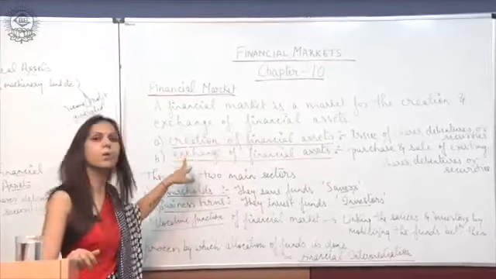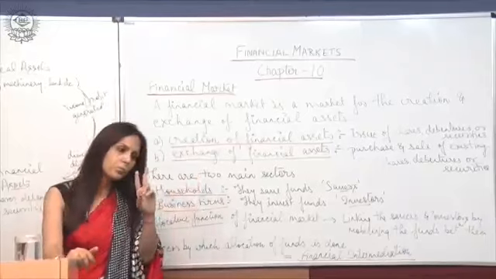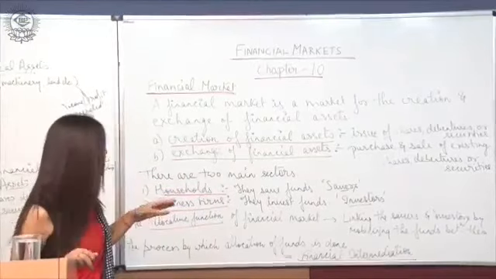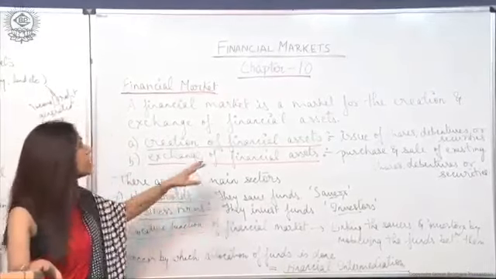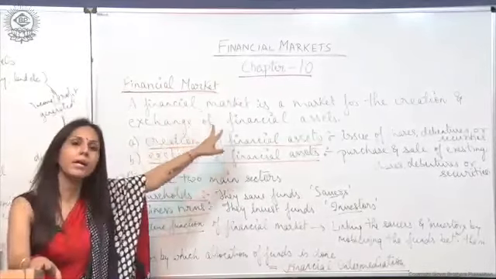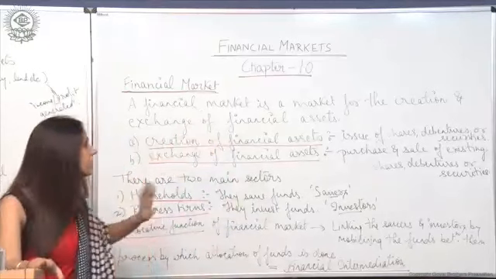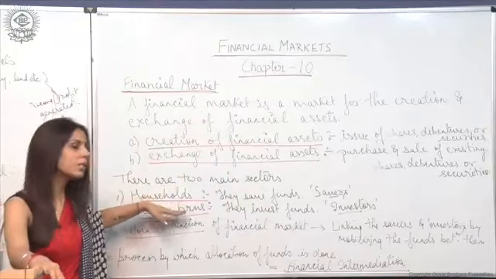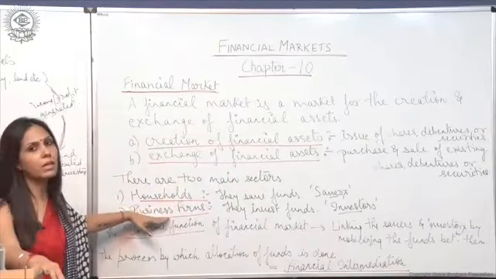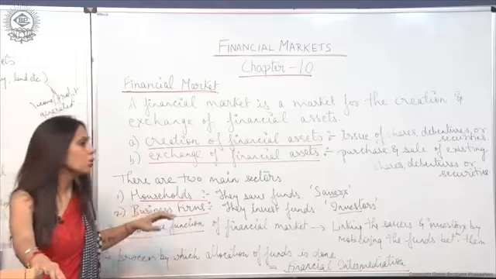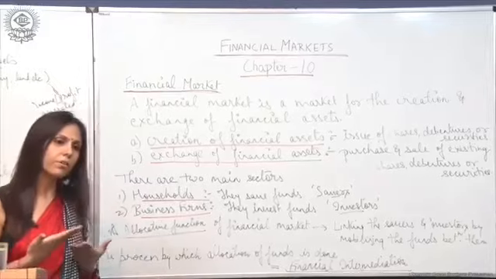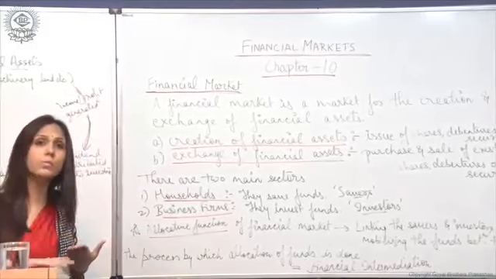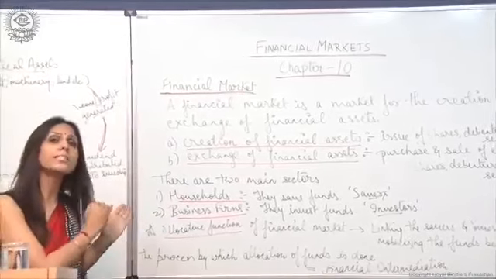For these two purposes there are two main sectors which participate in the financial market as buyers and sellers. The first one is the households and the second one is the business firms. These households have surplus funds with them, and they are called savers.